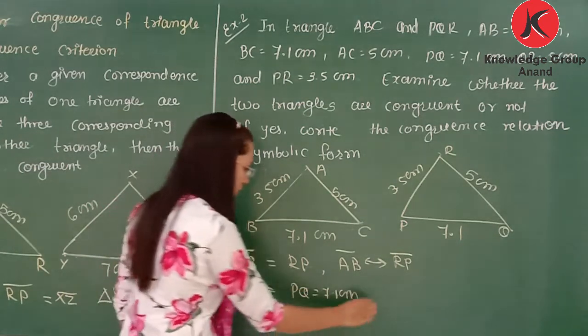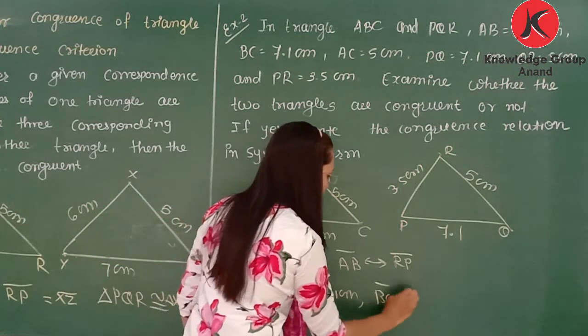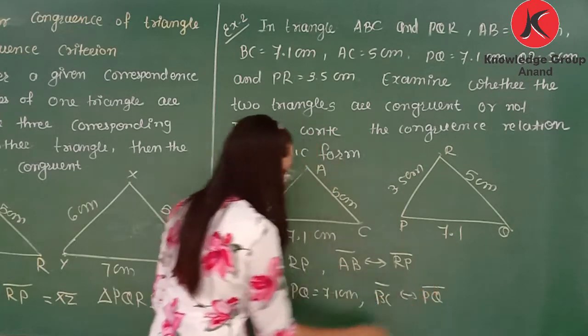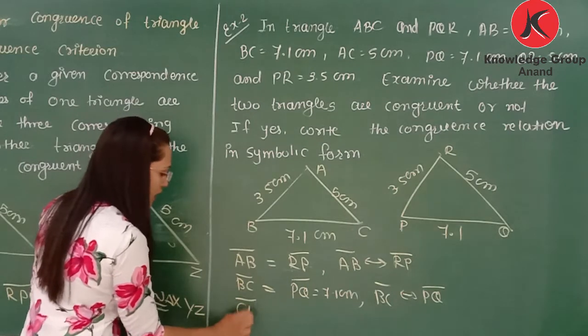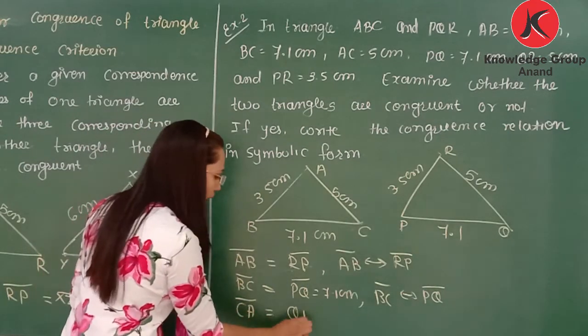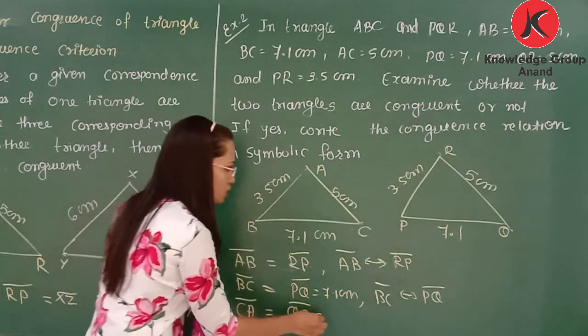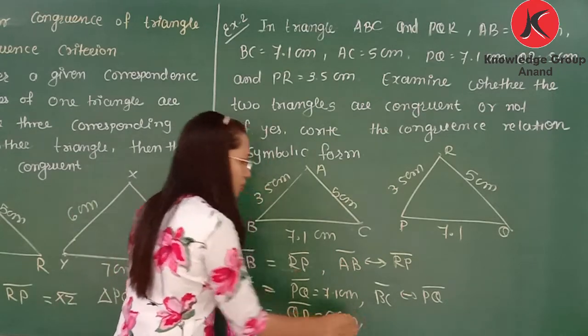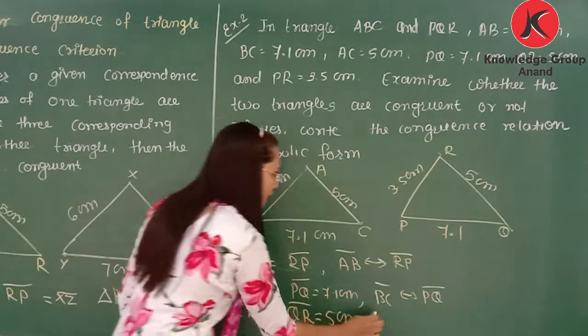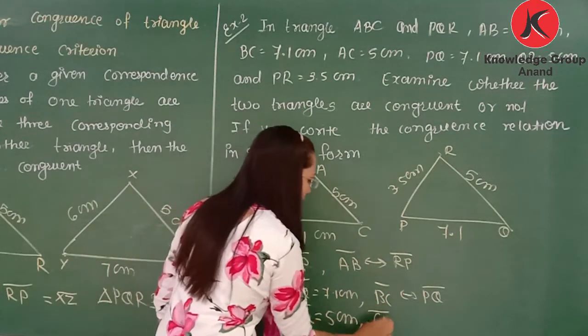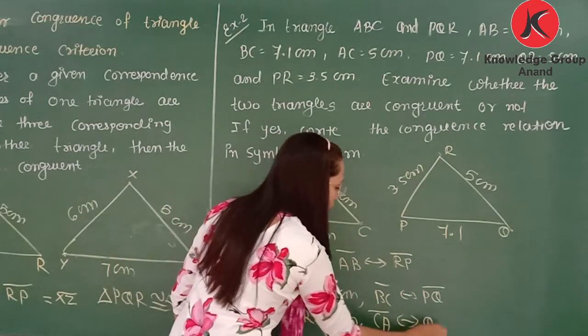So we can write BC corresponds to PQ. Now next, CA is equal to QR, that is 5 cm. This is 5 cm and this one is also 5 cm. So we can write CA corresponds to QR.